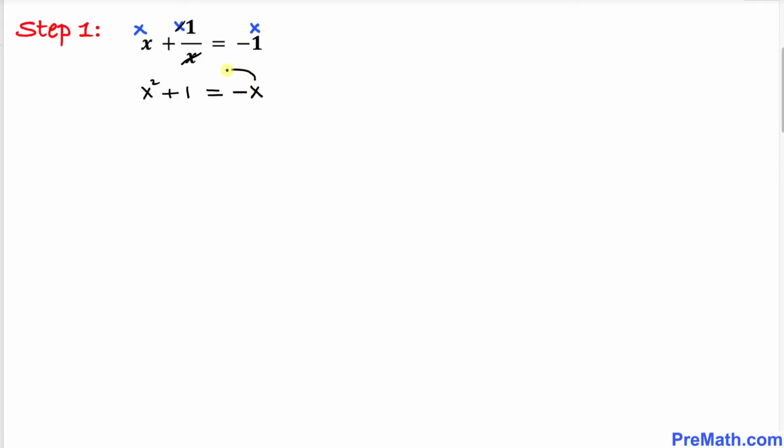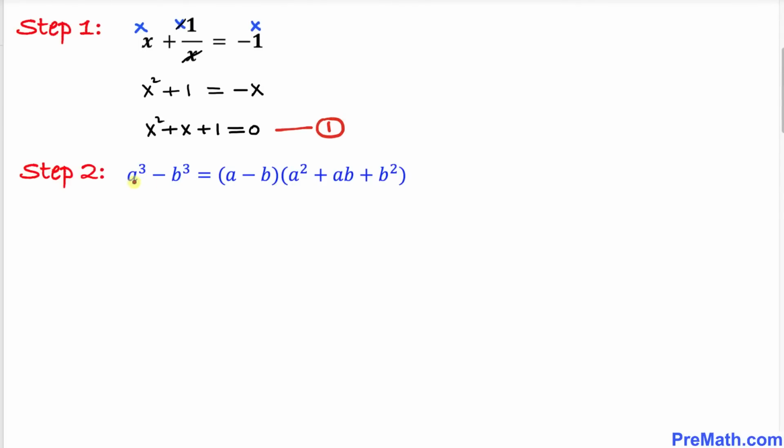Let's move this -x to the left hand side, so we're going to have x squared, and this -x is going to become positive x, and then plus 1 equal to 0. So let me go ahead and call this equation number 1.